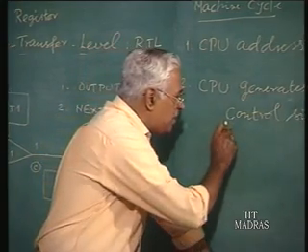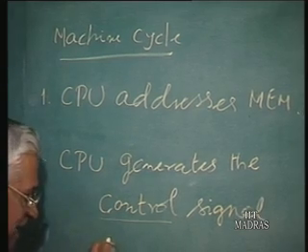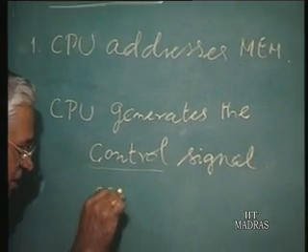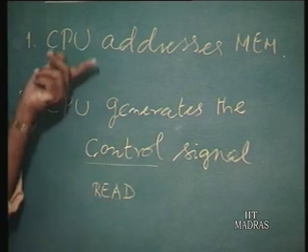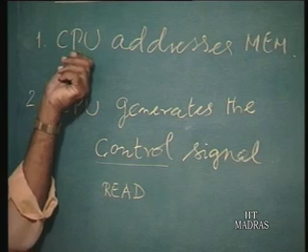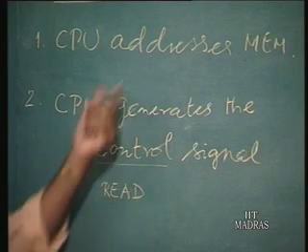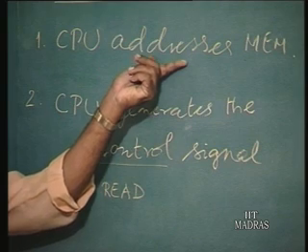So the appropriate control signal in the case of instruction fetch will be read. That will be the control signal. That is, the CPU tells the memory, let me read the content of this address, which is an instruction.